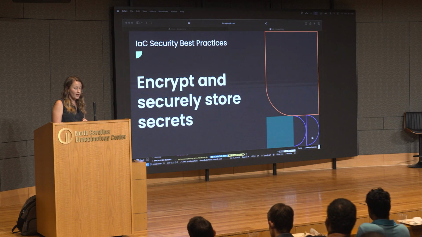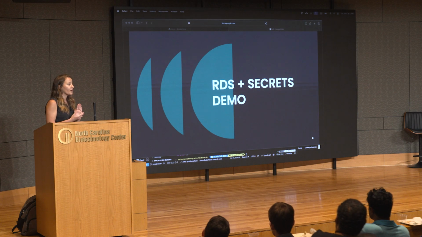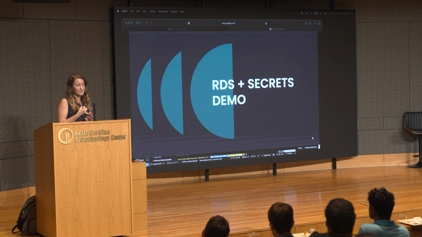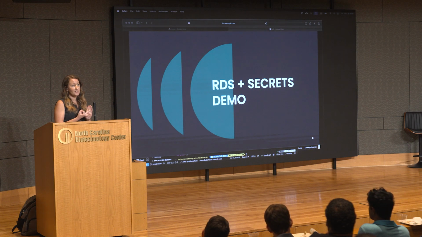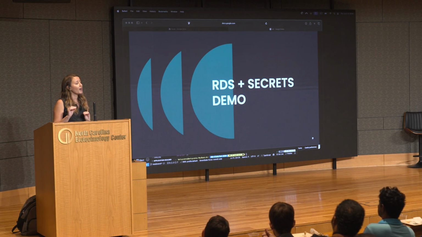Okay, so we're going to do another demo. In this demo, we're going to build an RDS, a relational database service, and we're going to build a security group for that database. And we're going to do something kind of different with this one. This is a little bit more complex, but you guys are super smart, so I know you can handle it.